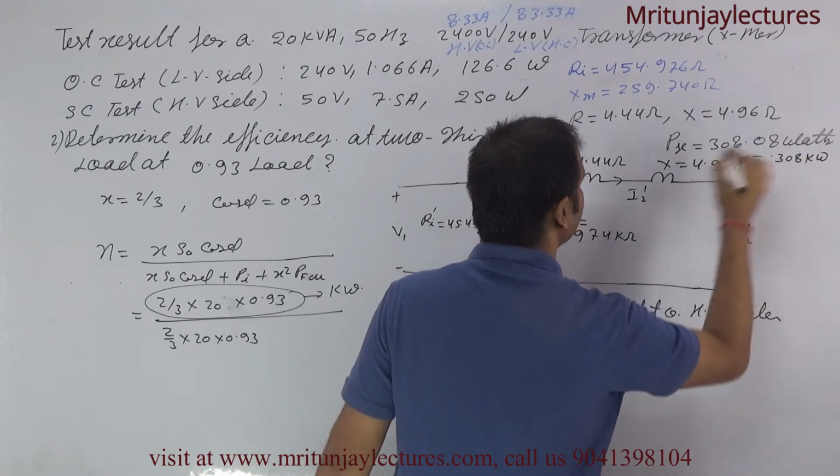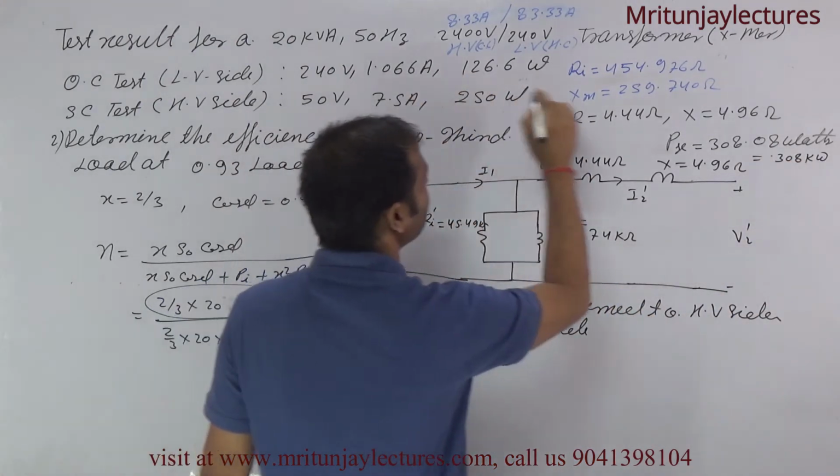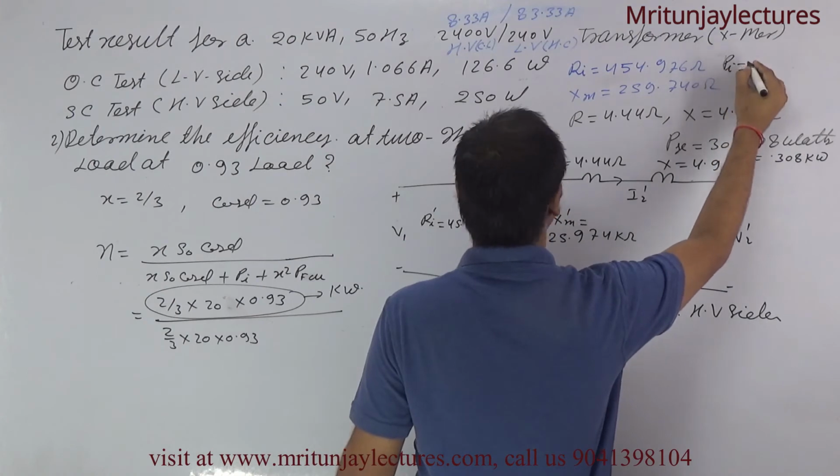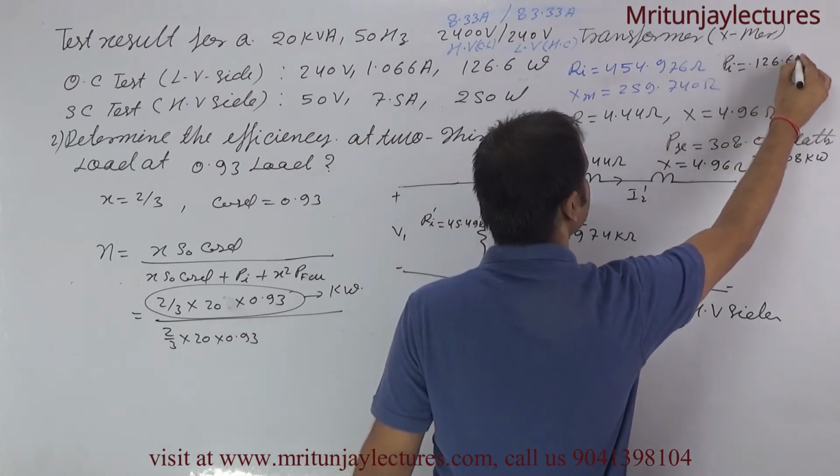Pi is also converted into kilowatt, 0.126 kilowatt.